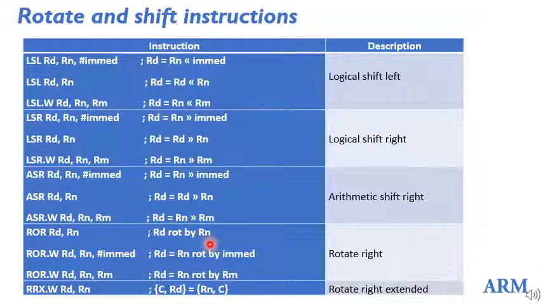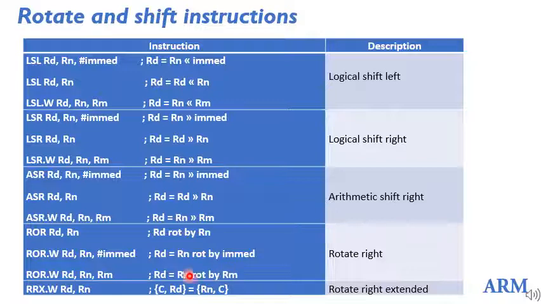In the second, ROR.W RD, Rn, hash immediate. That means Rn will be rotated to the right by a value equal to the immediate value and stored in the destination register. Same here, the number of times it is to be rotated is specified in the register Rm.